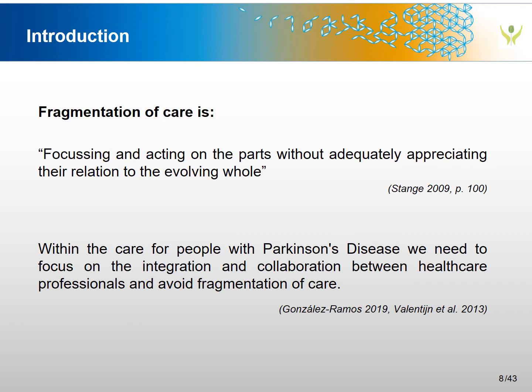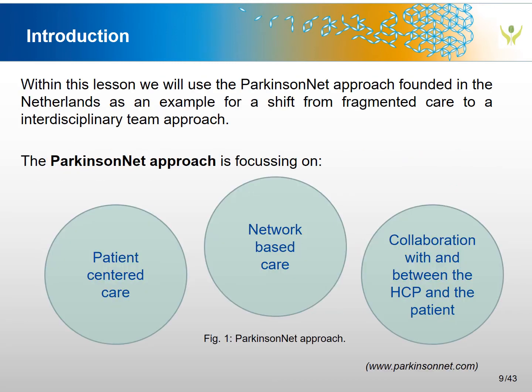To improve care for patients with Parkinson's disease, a holistic approach is needed. This could be obtained by collaboration between healthcare professionals, through an interdisciplinary and multidisciplinary care approach. Within this lesson, we will use the Parkinson Net approach as an example for an interdisciplinary care approach.